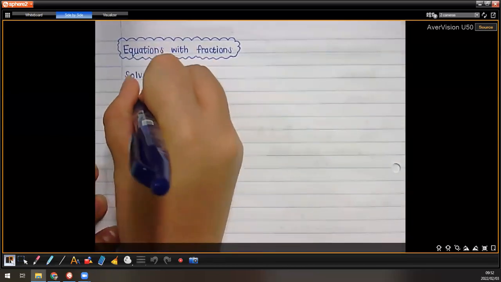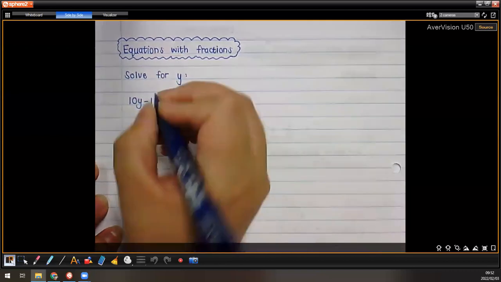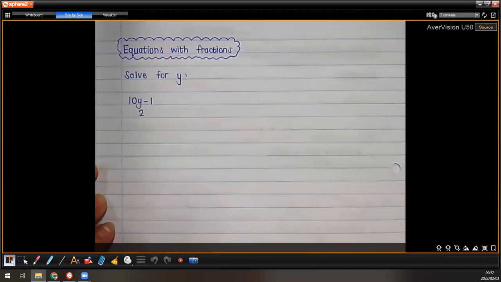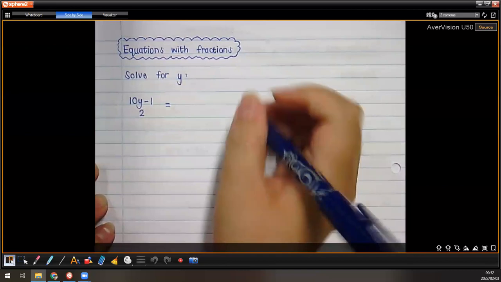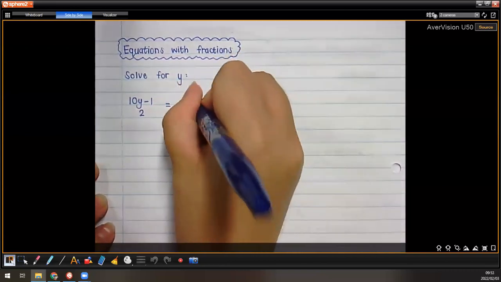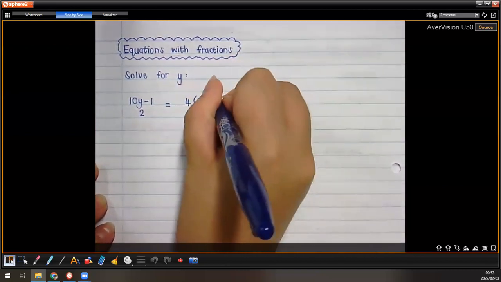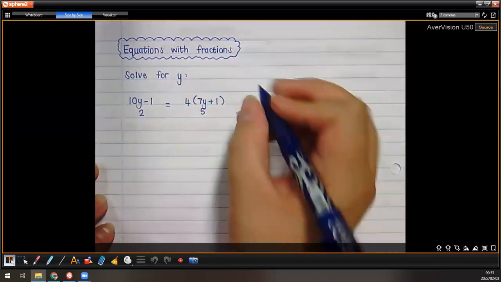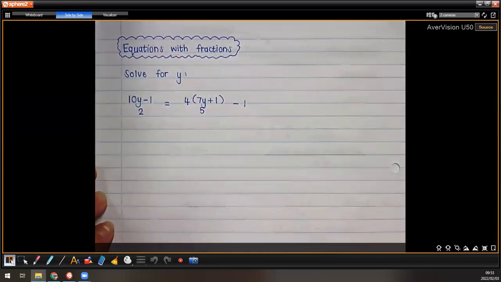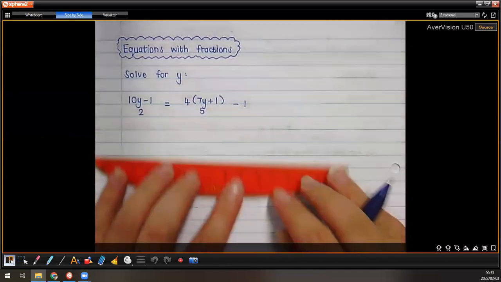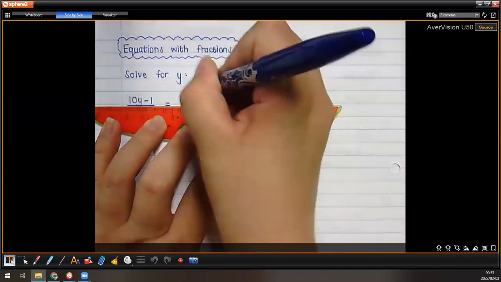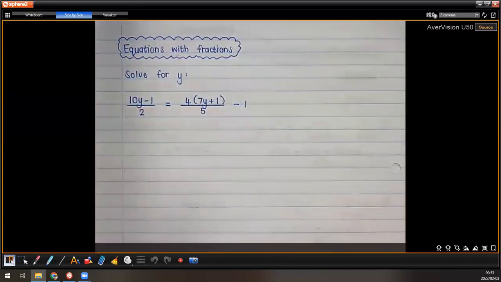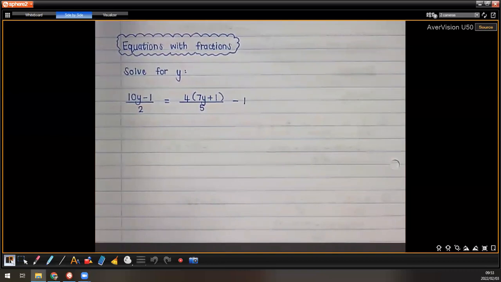So we have 10y minus 1 at the top of the first fraction, that is over 2, equals 4 bracket 7y plus 1, close bracket, that is over 5 minus 1. And we need to solve for y.